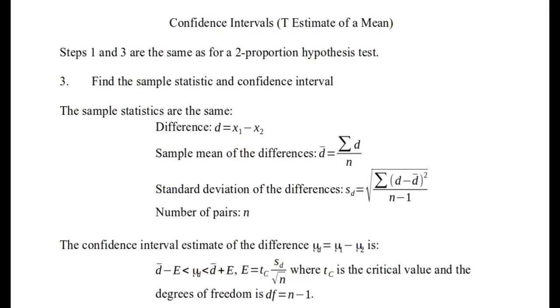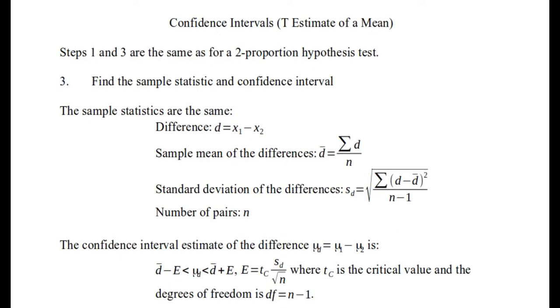So now we're going back to the concepts of Chapter 8. We're looking at intervals. This is a t-interval. That is because we do not know the population standard deviation. Steps 1 and 3 are the same, so those become steps 1 and 2 in establishing that we're doing the confidence interval, and our new step 3 is to find the sample statistic and the confidence interval.